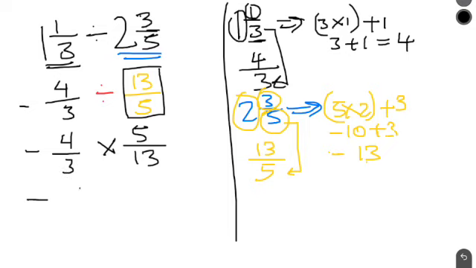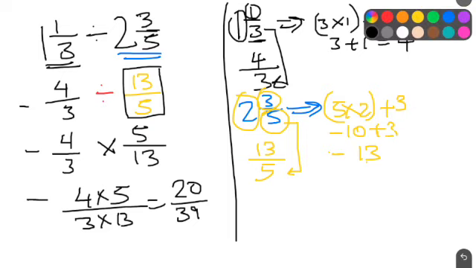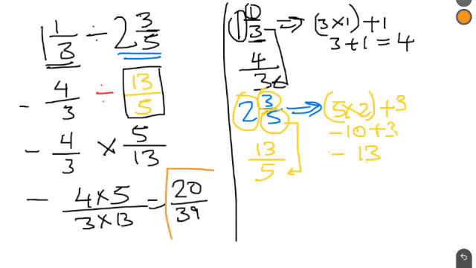So we say 4 times 5 divided by 3 times 13. 4 times 5 is 20. 3 times 13 is 39. So the answer when we divide 1 1/3 by 2 3/5 is 20 over 39.